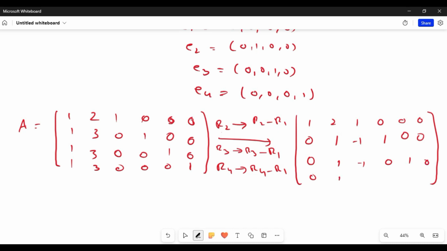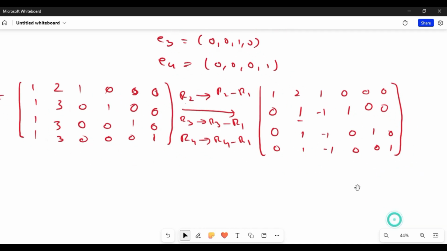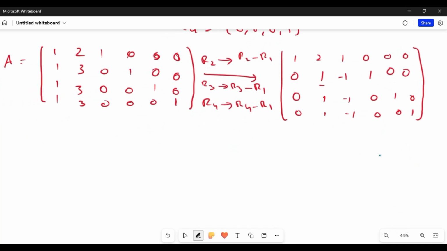Fourth row will be 1 minus 1 is 0, 0, 0 minus 0, 0 minus 0, 1 minus 0. That's it. Now the second row has a leading element 1 here. The column elements should be converted into 0, right?